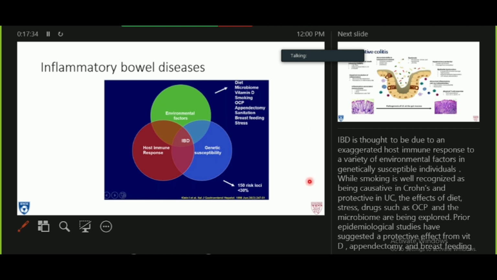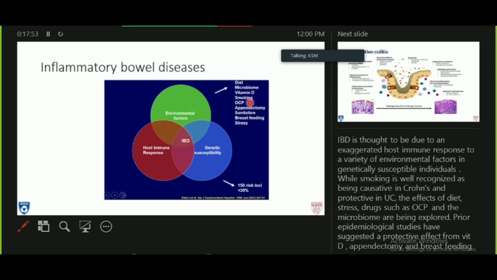Great, thanks. So inflammatory bowel disease is really a complex disease, and there's no one reason for it, but it's generally thought to be due to an exaggerated host immune response to a variety of environmental factors in individuals who are genetically susceptible.